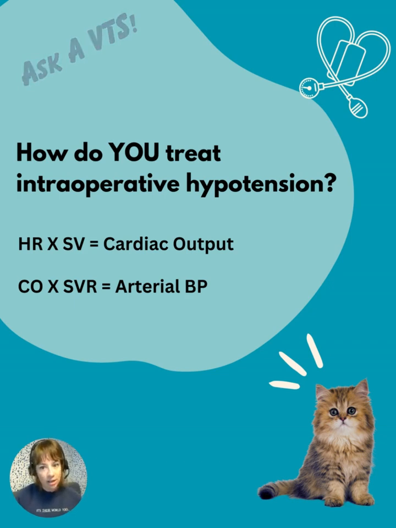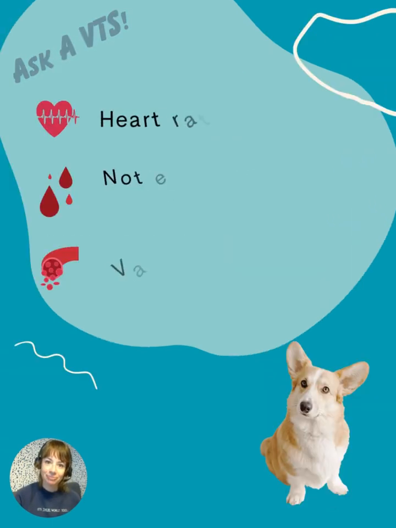Blood pressure is determined by cardiac output and systemic vascular resistance, or how vasodilated or vasoconstricted your patient is. It's also important to remember that stroke volume is the result of cardiac preload, afterload, and contractility.